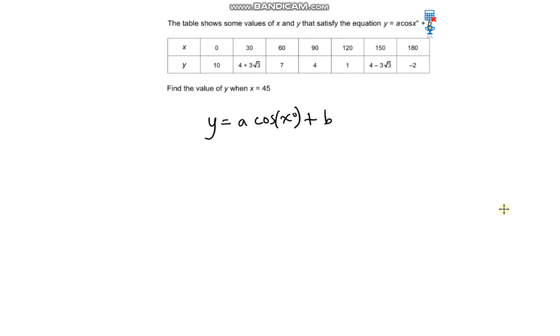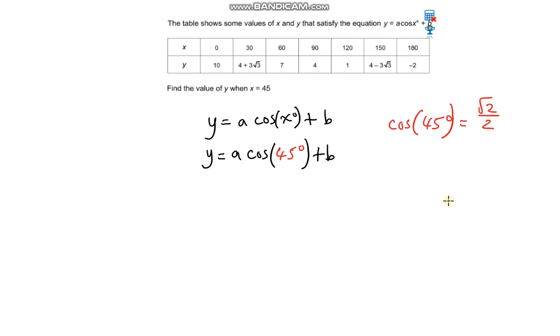So if we write out the equation again, we've got y equals a times the cosine of, instead of x, we're going to replace x with 45. So the cosine of 45 degrees plus b. Now the cosine of 45 degrees, you might remember that. Hopefully you do. It is one of our exact trig values, and that is √2/2.